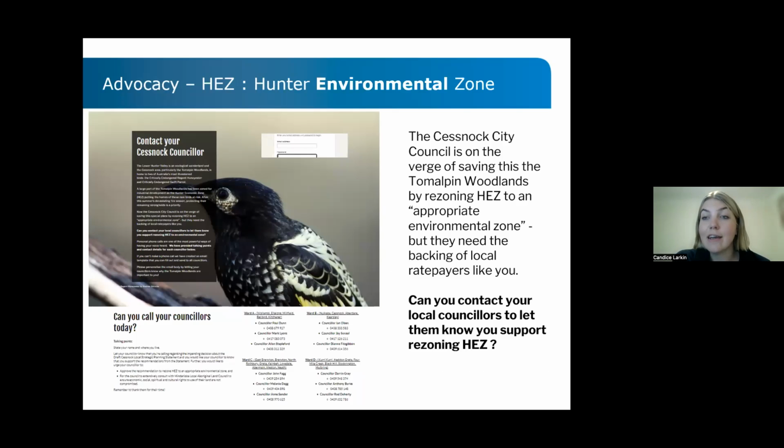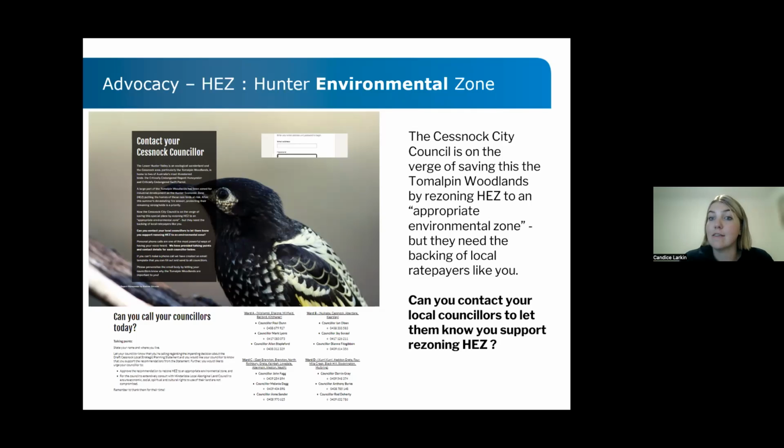So the Hunter Economic Zone has long been a contentious issue, because it's probably the largest chunk of woodland that is the most significant breeding site for Regent Honeyeaters in New South Wales. And it was rezoned for development, but thanks to tireless work from multiple conservation agencies, this area has remained largely undeveloped.